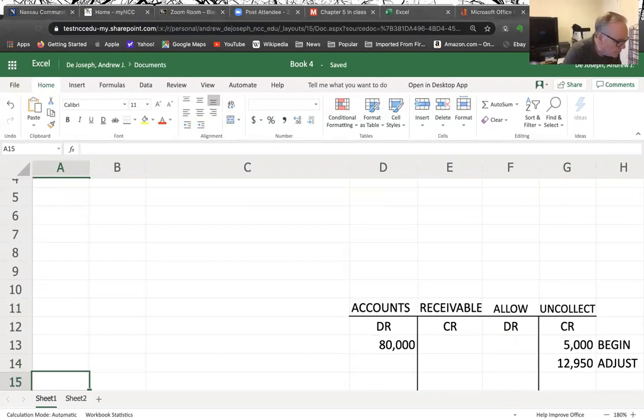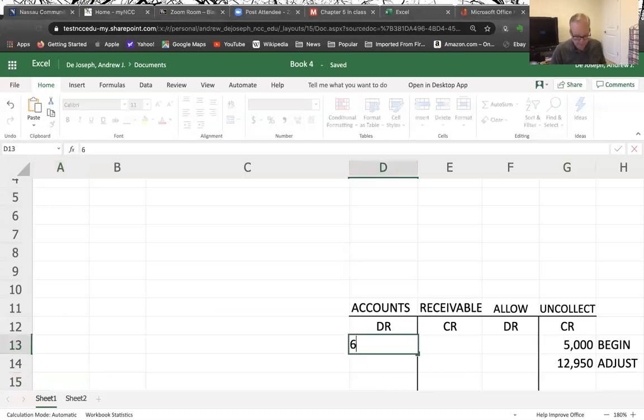Facial cosmetics provides plastic surgery primarily to hide the appearance of unwanted scars. They got to give you that detail, you know. During 2021, the company provides services of $410,000 on account. Of this amount, $60,000 remains uncollectible at the end of the year. So here, instead of 80, it's 60.